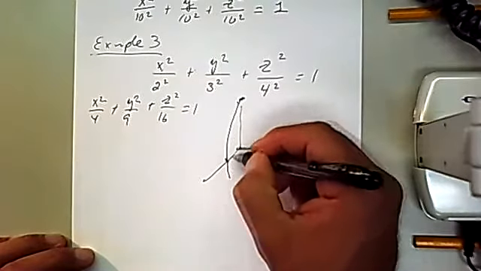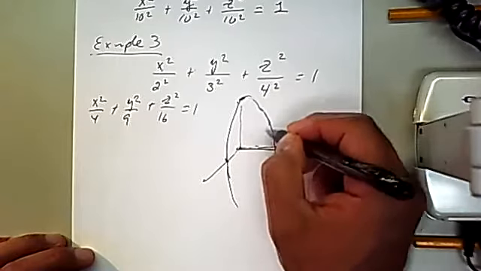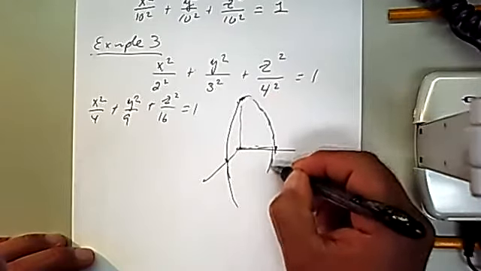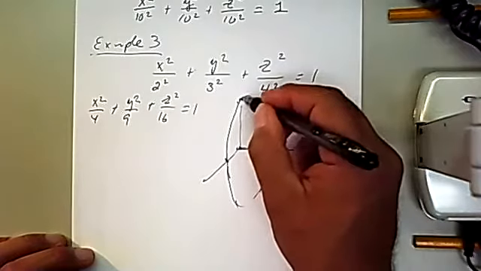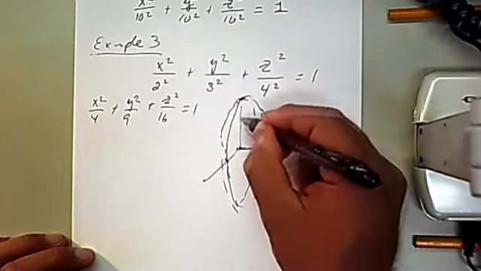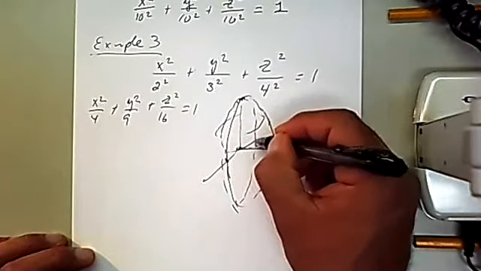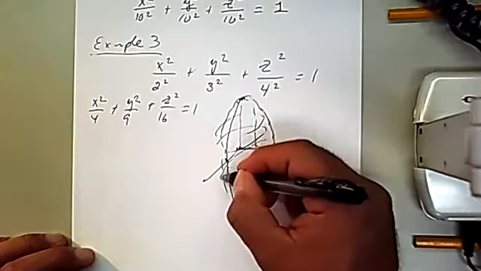So we have some kind of egg, that connects on the bottom and goes back here and goes back there. And these are not circles across, these are ellipses.